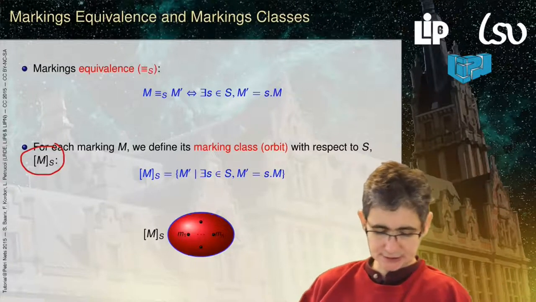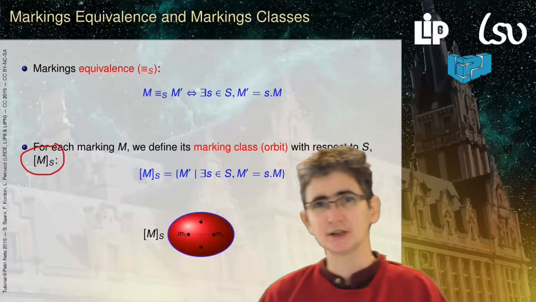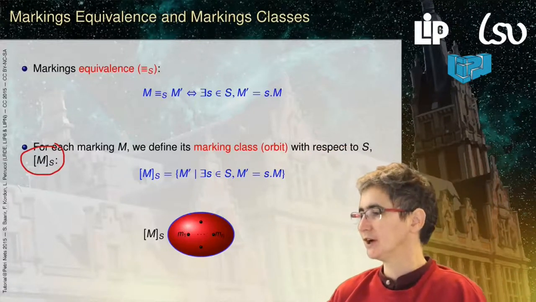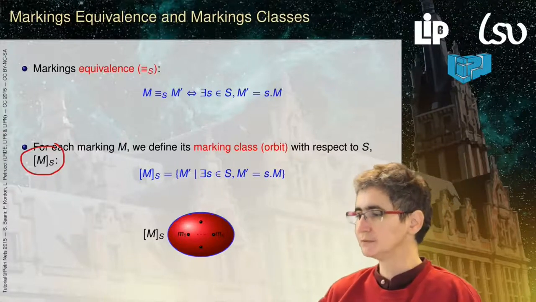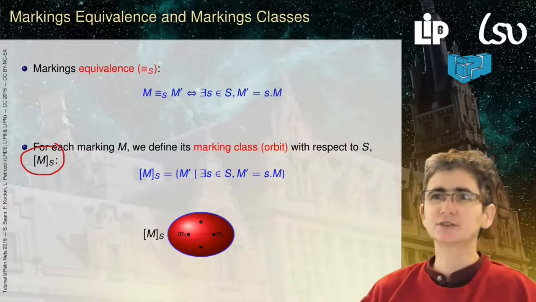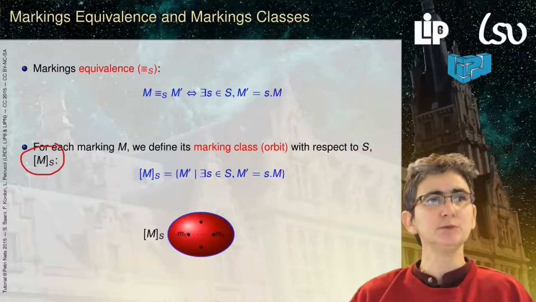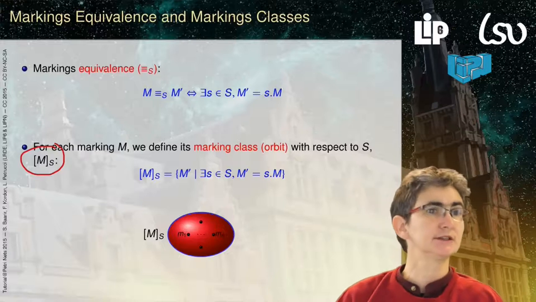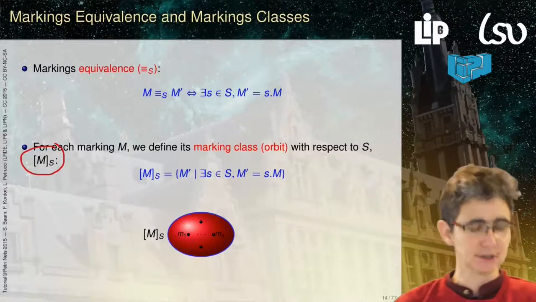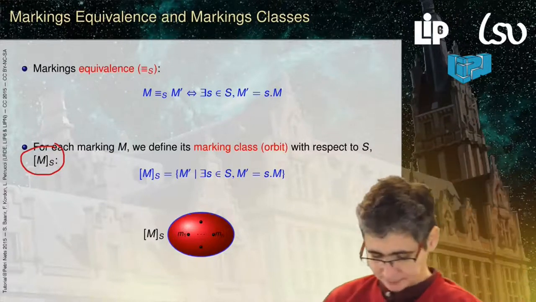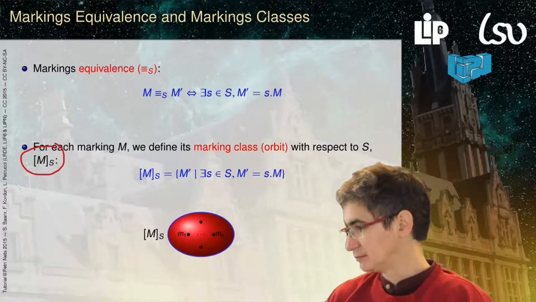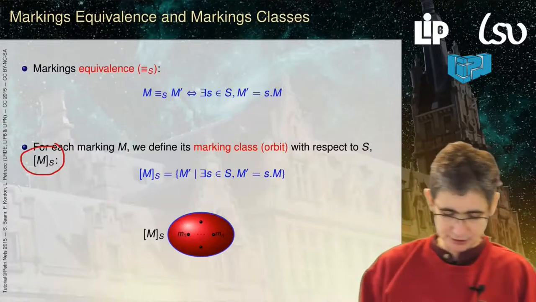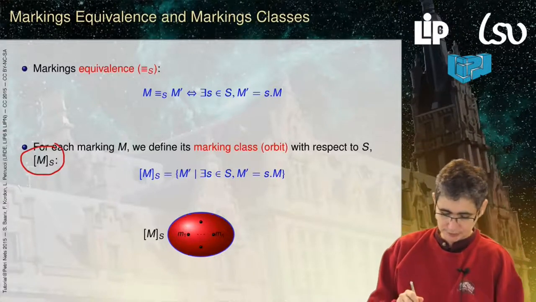This marking class is the set of markings M prime such that there exists a symmetry that gives M prime from M. So it's all the markings that can be represented by M and that are obtained from M by applying a symmetry. The marking class is a set of markings containing all equivalent markings.